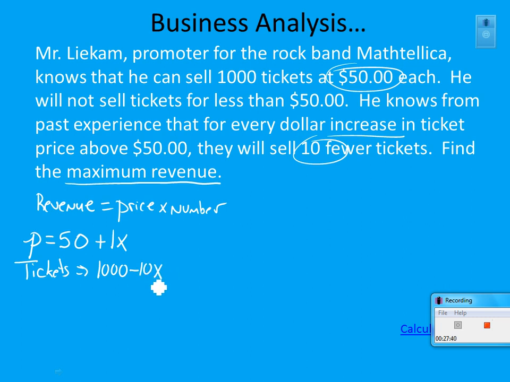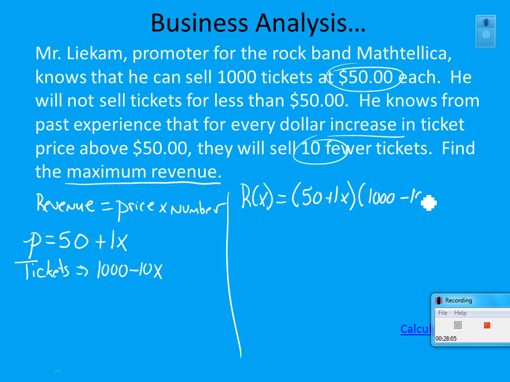So my price is going to be 50 plus 1x. My tickets will be 1,000 minus 10x. That makes my revenue then, my price, which is 50 plus 1x, times the number of tickets, 1,000 minus 10x.